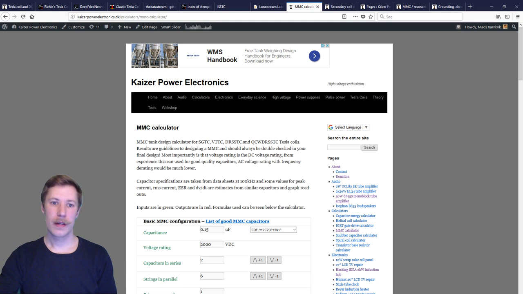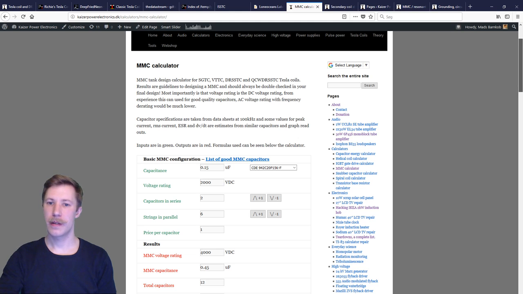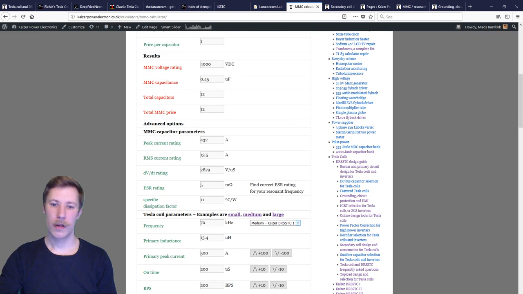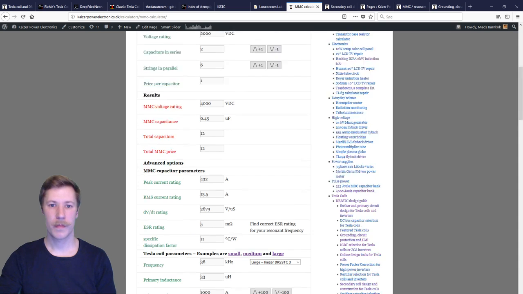But I made this MMC calculator in order to make different designs easier. Now you can load an example coil here, one of my 3 coils that I built, and it will plug in the primary peak current and primary inductance and frequency and so on.